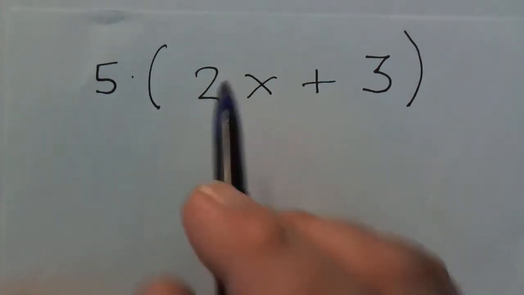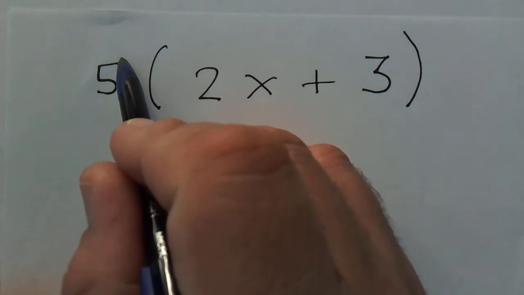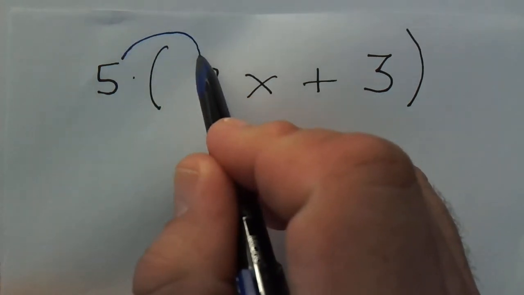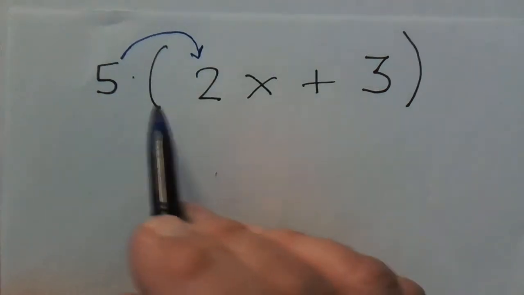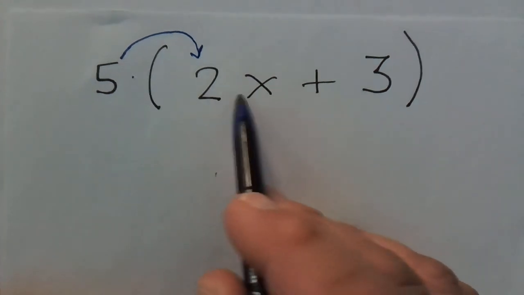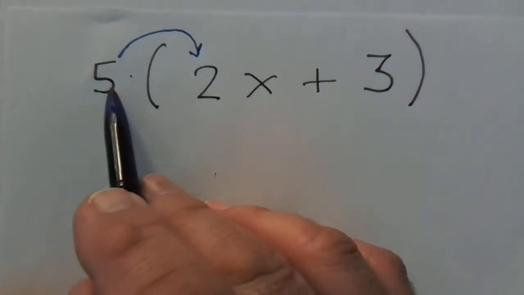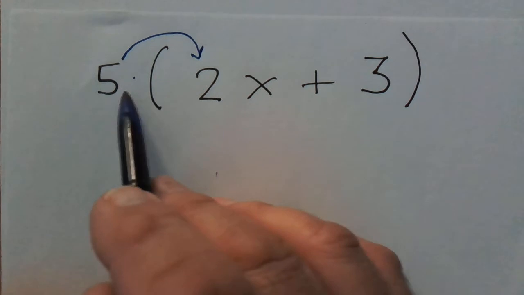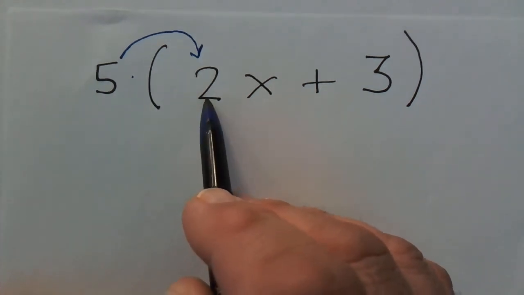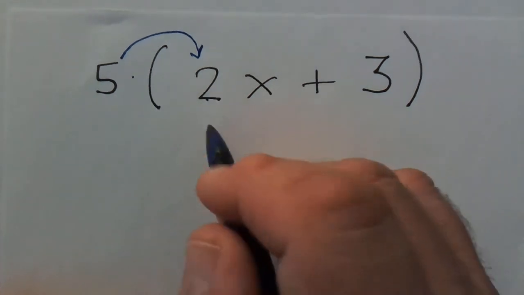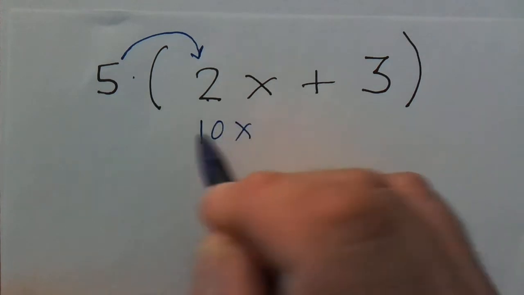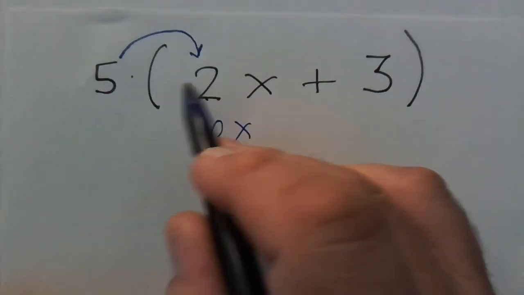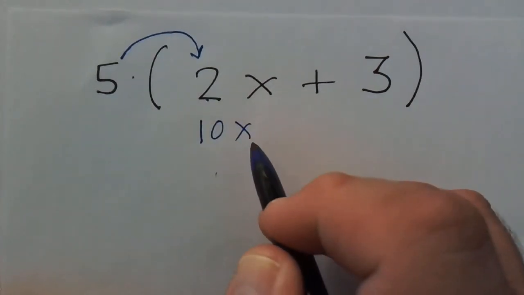Now, we're going to go ahead and toss it over the wall as I described. So it's going to be 5 times, and in this case, we're multiplying by 2x. There's no x attached to the 5, so we're just going to multiply the 5 times the 2, which is 10, and so it becomes 10x. So 5 times 2x is 10x.